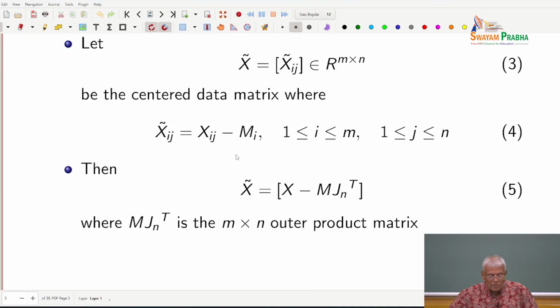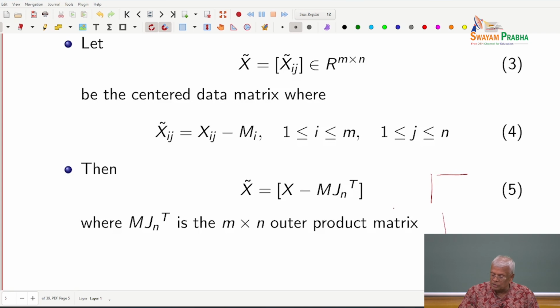So I can now describe x tilde, which is the centered data, as x minus m times Jn transpose. Now I want you to understand that m times Jn transpose: m is a column vector, Jn transpose is a row vector.